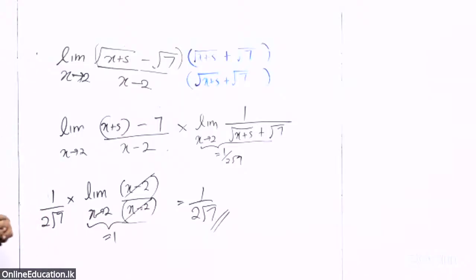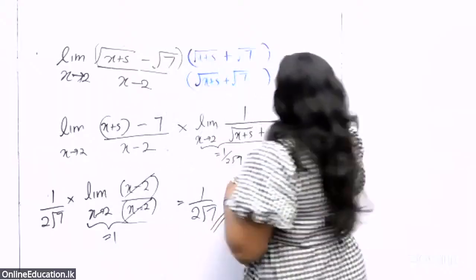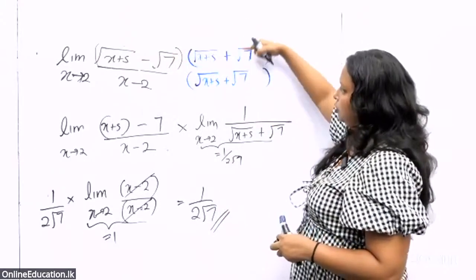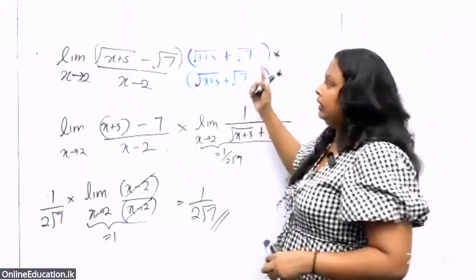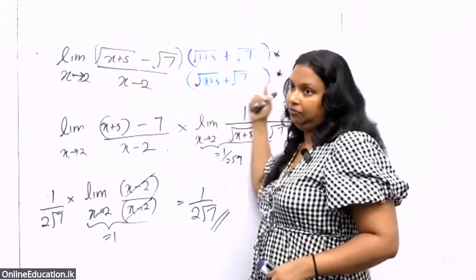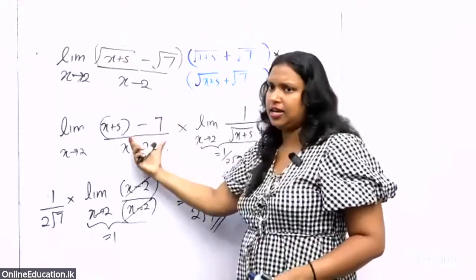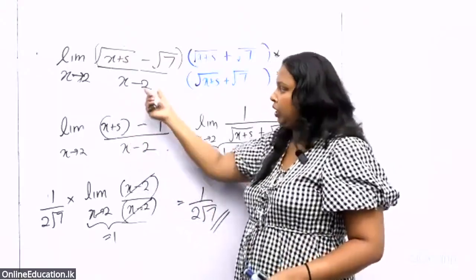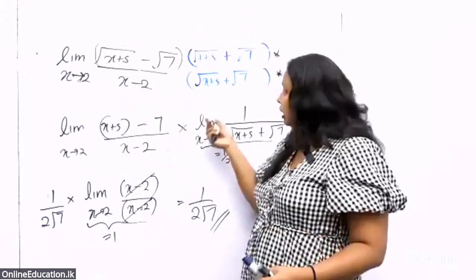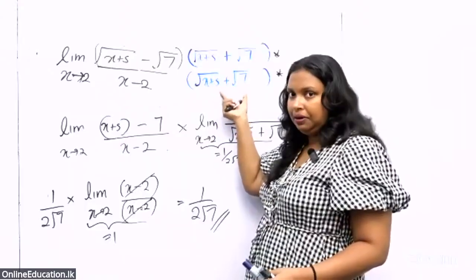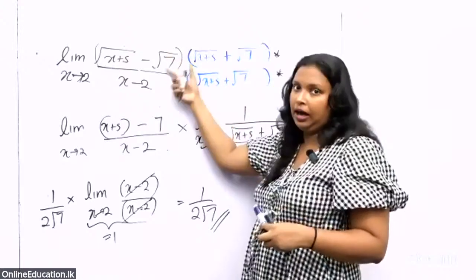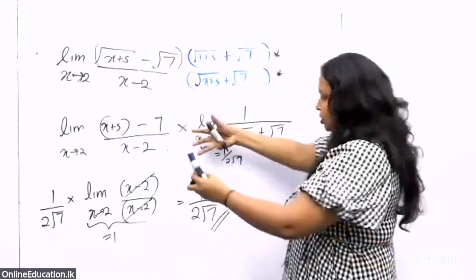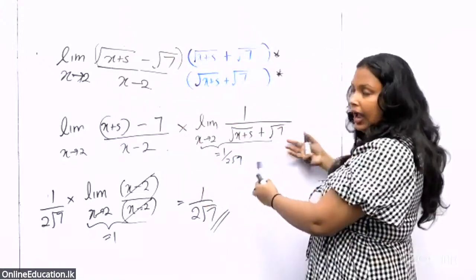So always keep in your mind, very important: when you have roots, you have to multiply by the conjugate, both denominator and numerator. And then what you have to do, the line with the roots, we can just write as a difference of two squares always. And the other things in the sum. However, the other part that remains, or the conjugate multiply part, that one you just write as a separate limit and then simplify.